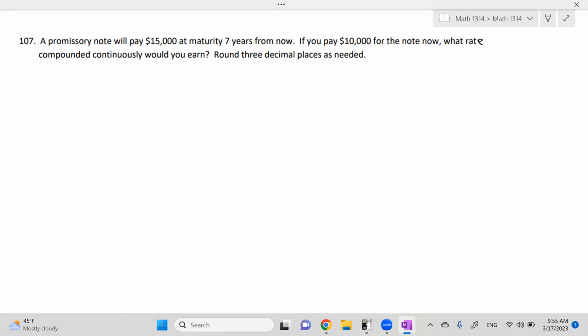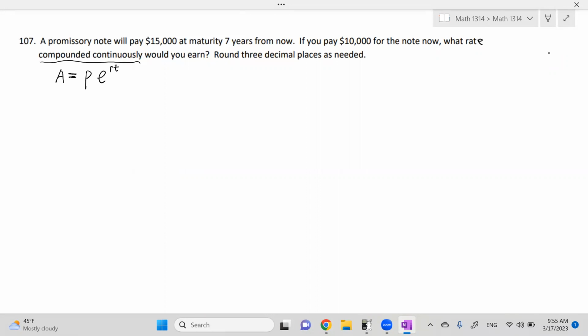Round to 3 decimal places as needed. What's the meaning of this? And which formula am I using? I find the keyword compounded continuously, so the formula is A equals P times e to the rt.